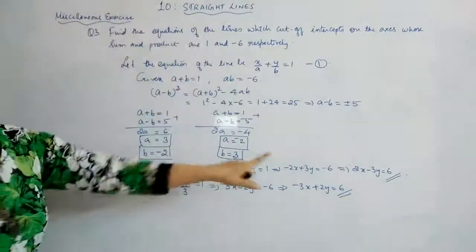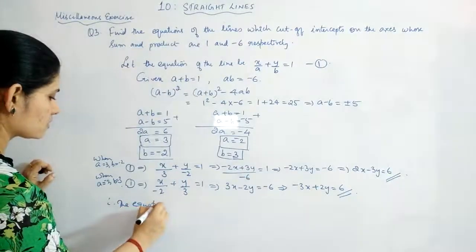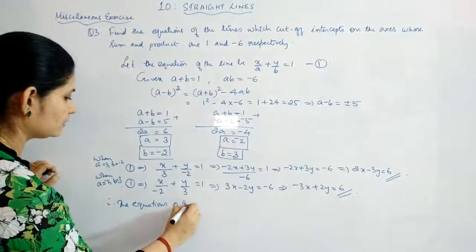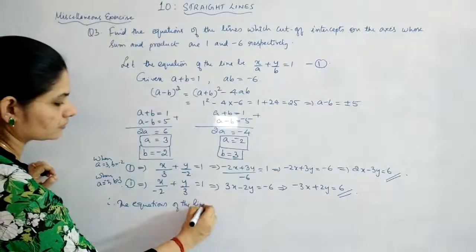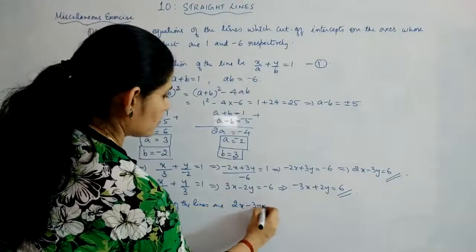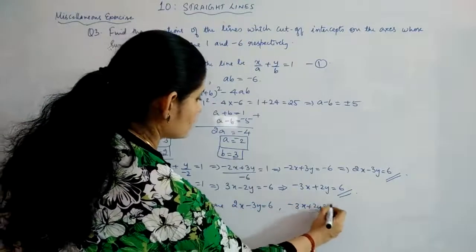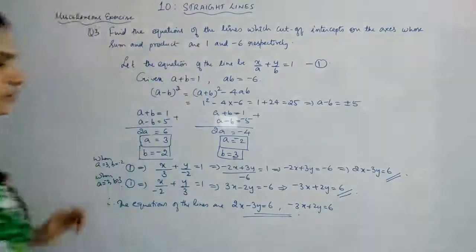So these are the two equations. Therefore, the equations of the lines are 2x minus 3y equal to 6 and minus 3x plus 2y equal to 6. Okay.